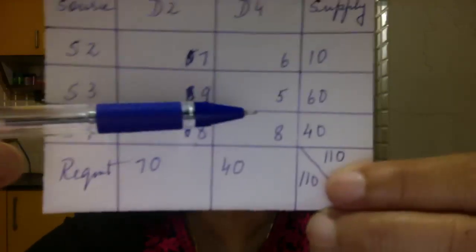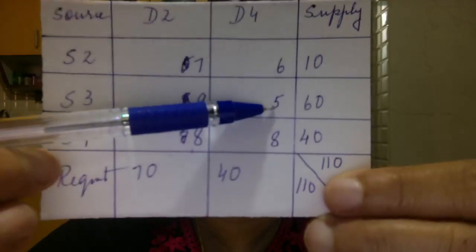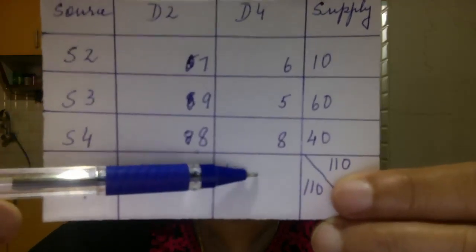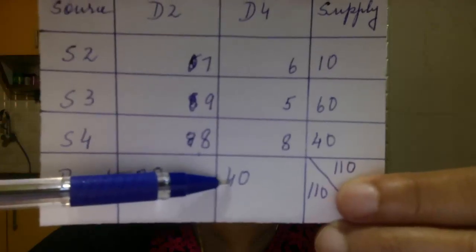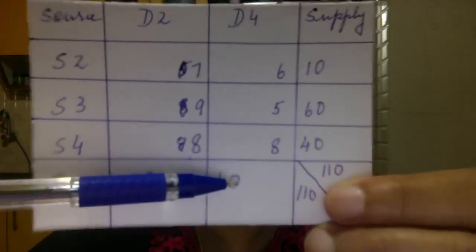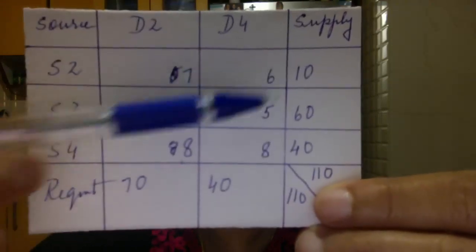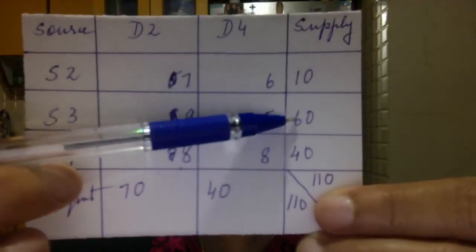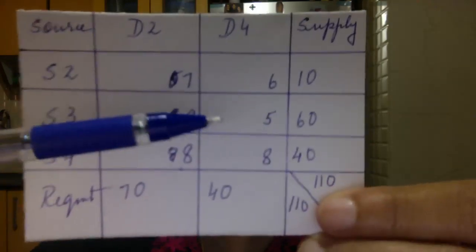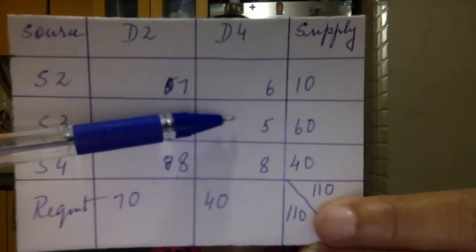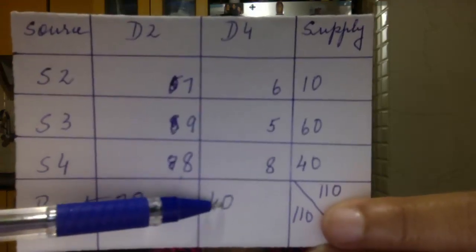I'm going to do 4 steps. I would like you to do the 4 steps. For 5, you give this 40 and make this 40 as 0. And then for 5 there is 60, isn't it? Make this 60 as 20. I repeat, allot here 40. Second step, make it 0.